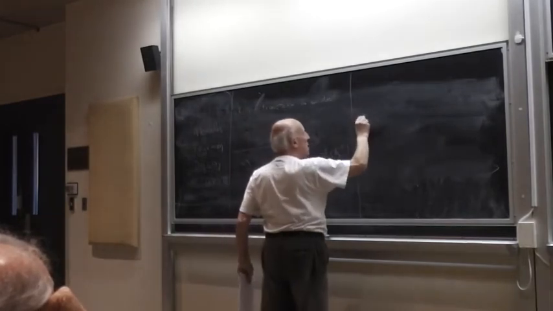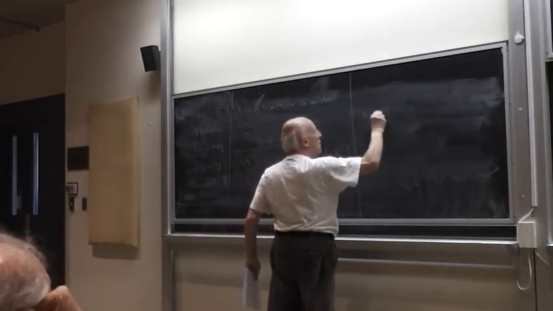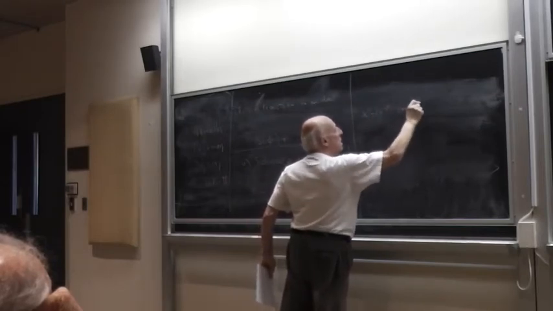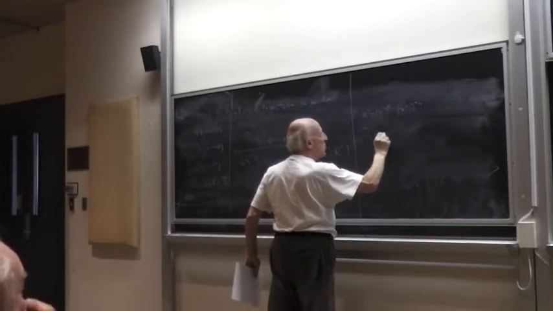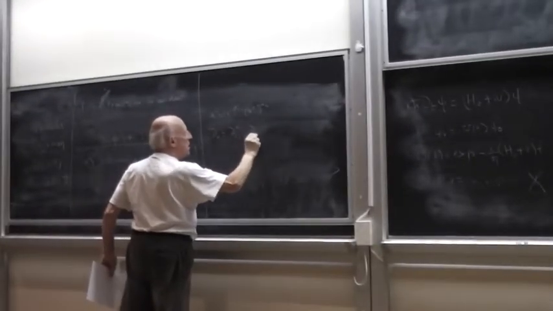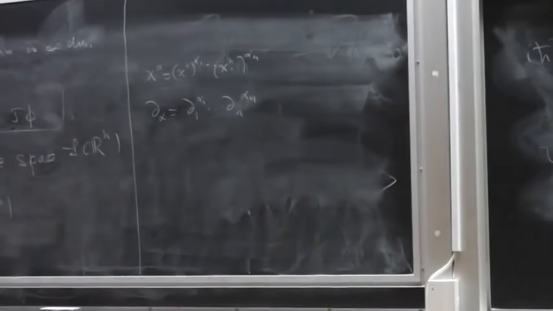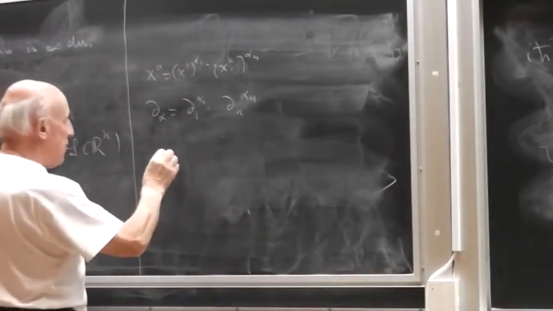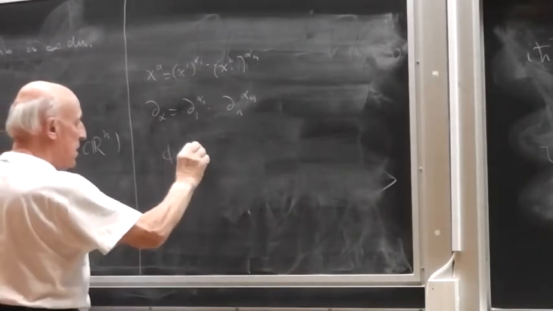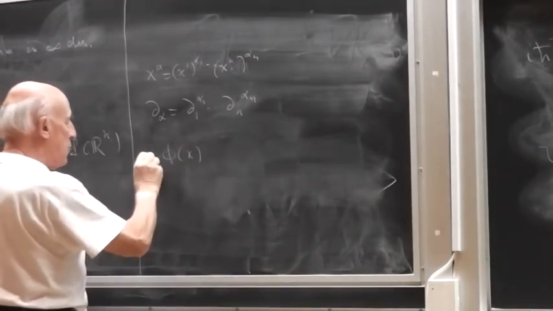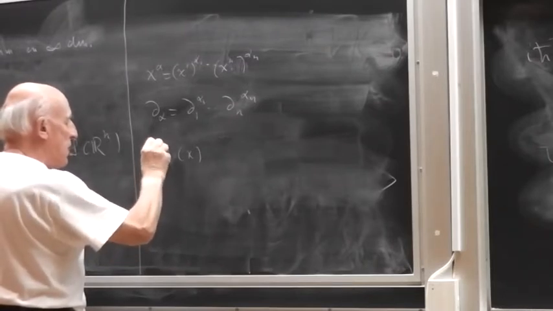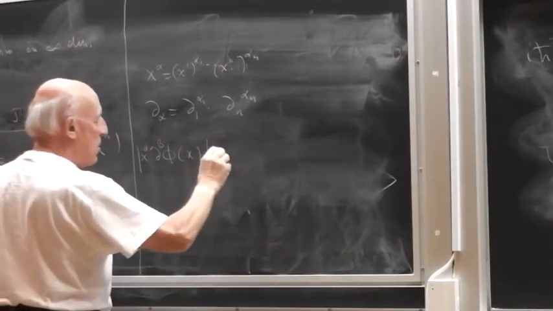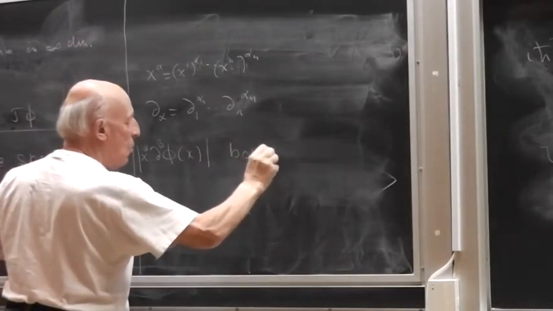I will write x^alpha for x1^alpha1 ... xn^alpha n, and d^alpha for d1^alpha1 ... dn^alpha n, monomials in the coordinates and in the derivatives. Schwartz's definition is that you look at the functions phi of x such that if you apply a higher order derivation and multiply by a monomial, this remains bounded over all space.